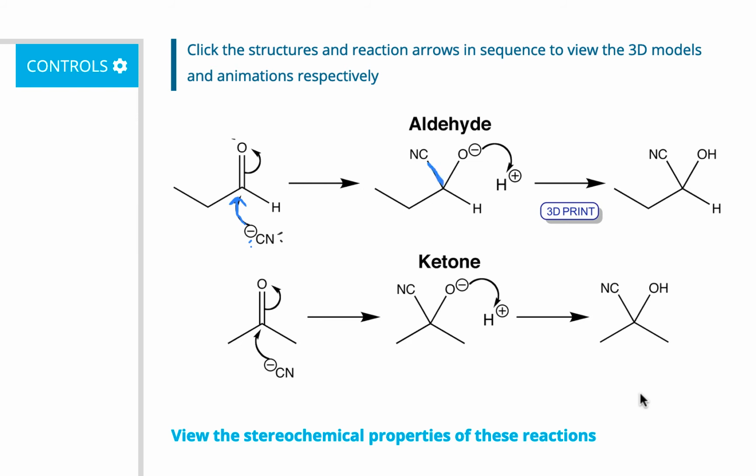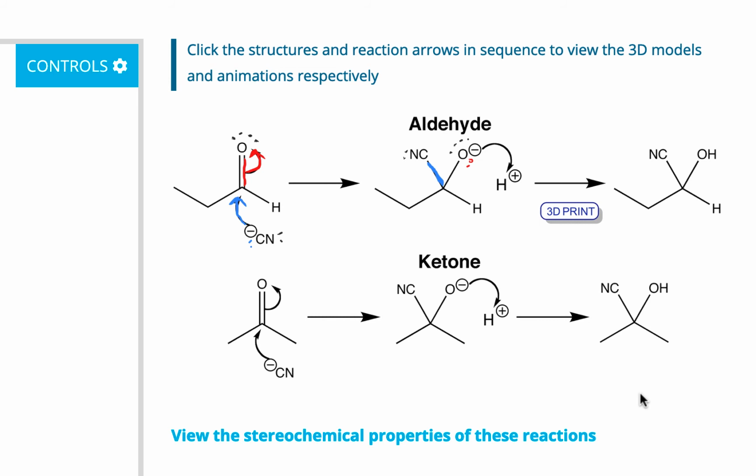I'm going to add in some more lone pairs here so we can keep track of everything. The carbon-oxygen pi bond becomes a red lone pair on the oxygen. So that's our first nucleophilic addition step, and we're going to ignore that second step for now.